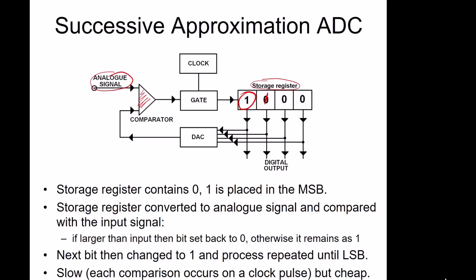So this is how that process works. You continually just set bit values and then compare the analog equivalent of that to the input voltage to get your digitization process. It is a cheaper method of doing digitization, but it's also slow because you're having to check one bit at a time.